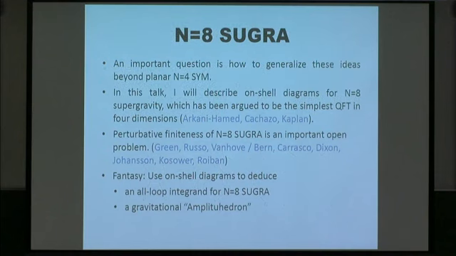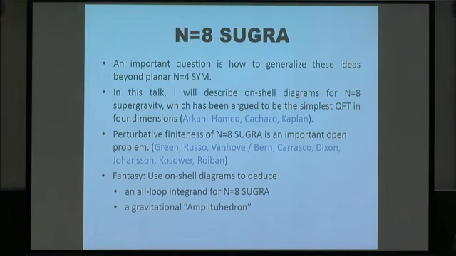Good. So this is obviously a very beautiful story, but it's also for a very special theory. So of course, a natural question is, how to generalize these ideas beyond planar N equals 4 super Yang-Mills. And in this talk, I'm going to describe how to do this for N equals 8 supergravity, which has been argued to be actually the simplest quantum field theory in 4 dimensions, just because it has even more supersymmetry than N equals 4 super Yang-Mills, and it also has a nonlinearly realized E7(7) symmetry.